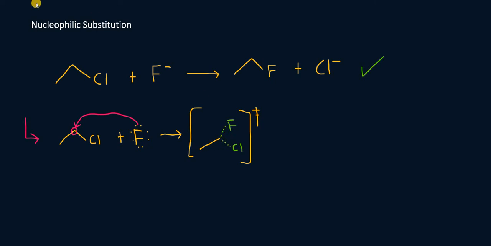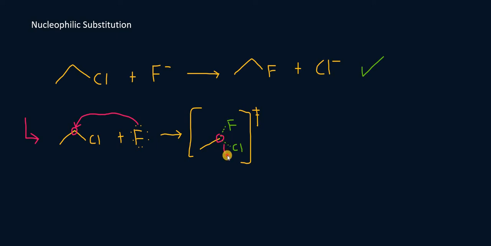And what this is showing is, for a very brief moment of time, both of these groups are going to be drawn towards that carbon. So this is the process of the F bonding and the Cl breaking off. So for a very brief moment of time, this is going to be what this molecule looks like before the F fully bonds and the Cl fully breaks off.